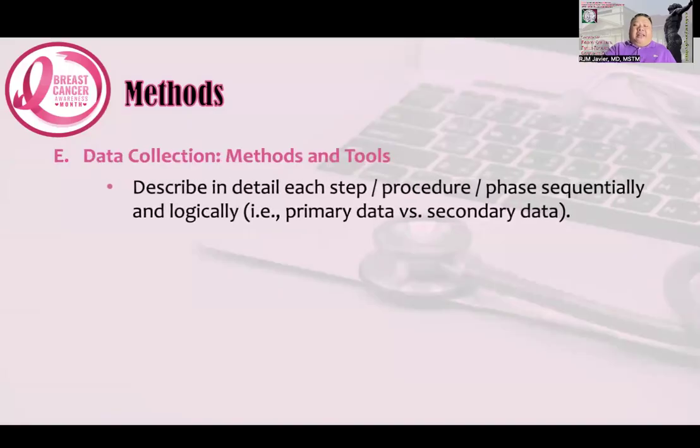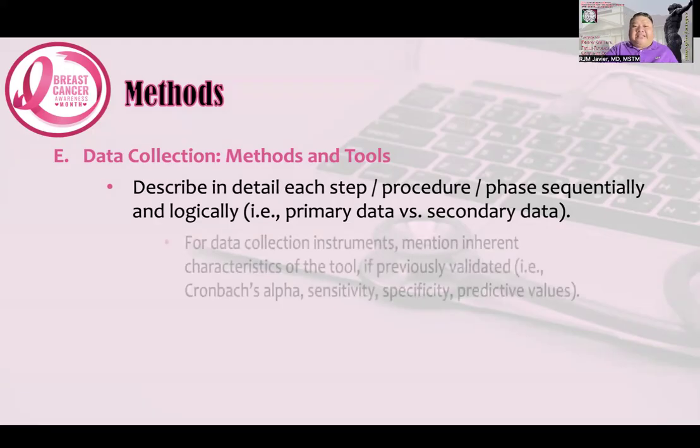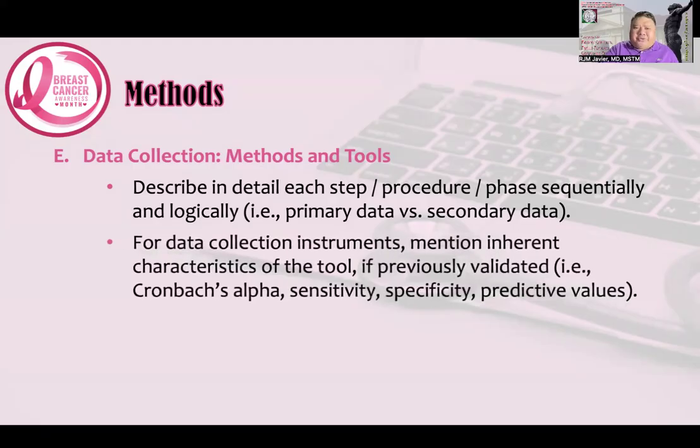With regard to data collection, there should be a very clear, brief description of how steps, procedures, or phases of the study would be gathered, in terms of sequence, in terms of logical presentation. If you will be utilizing primary versus secondary data, it should also be clearly stipulated in your research proposal.